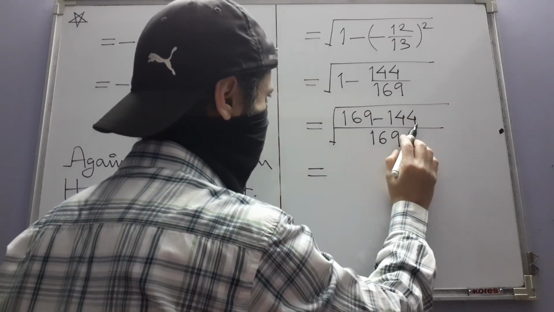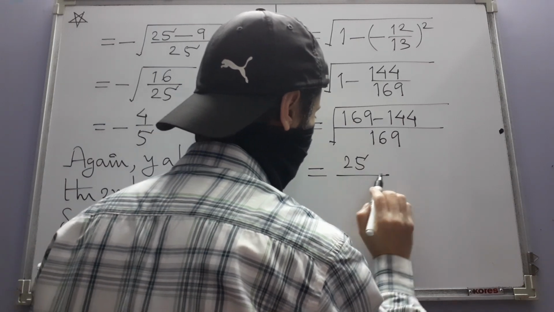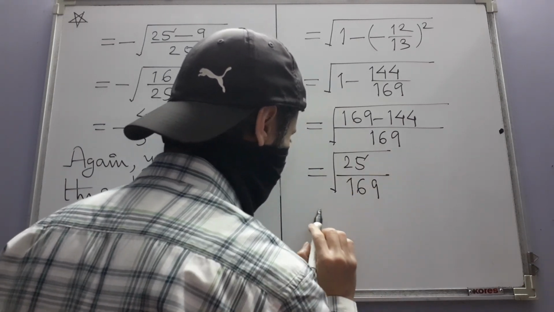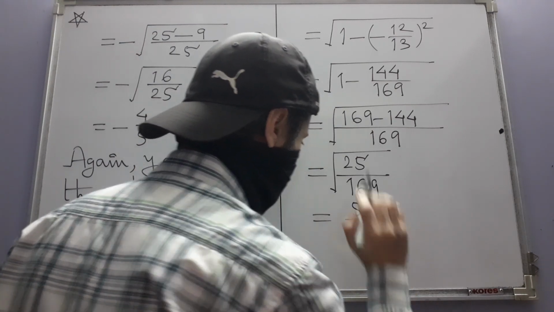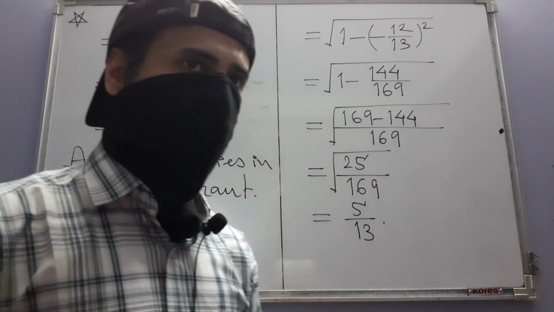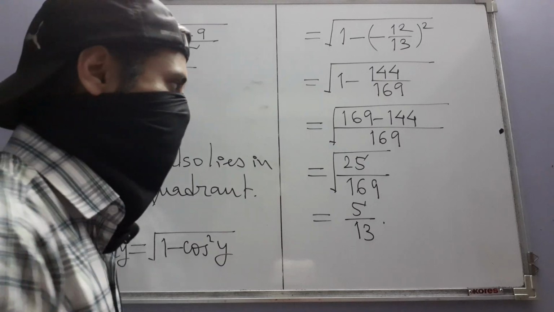Now this is 25 divided by 169, its square root. So this is our value of sin y, 5 divided by 13. Now we have found all the 4 values, so we can now go for sin x plus y.